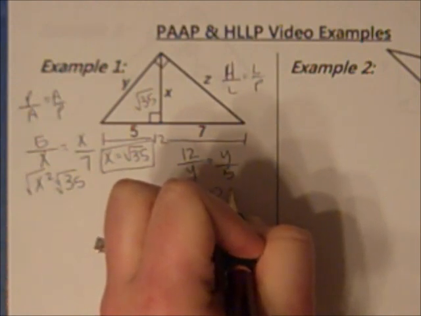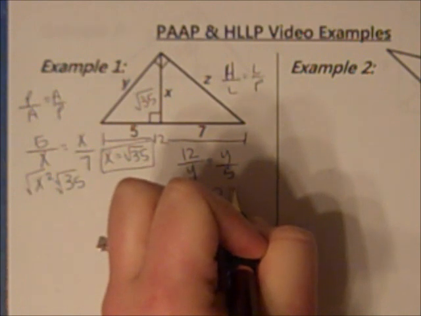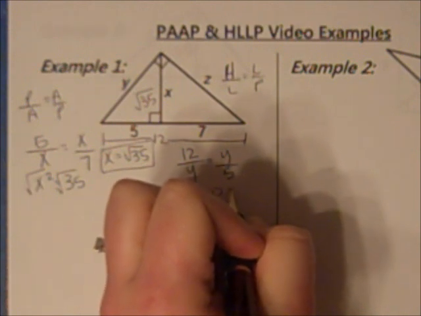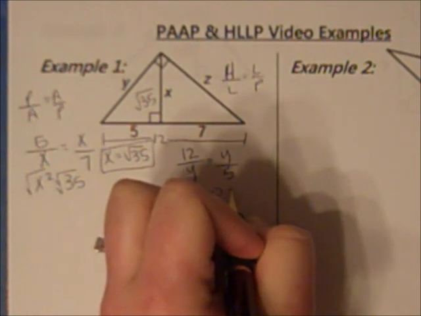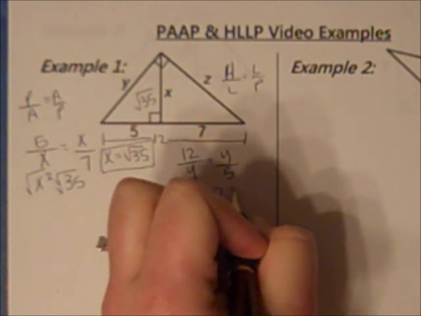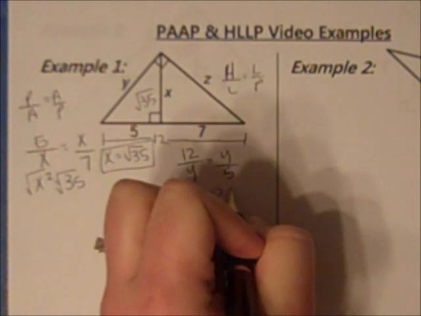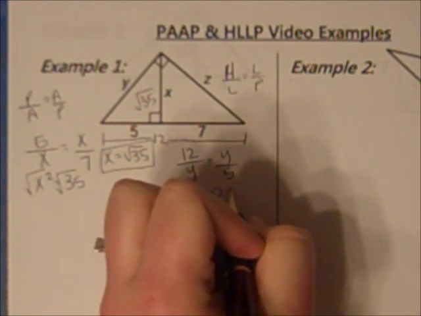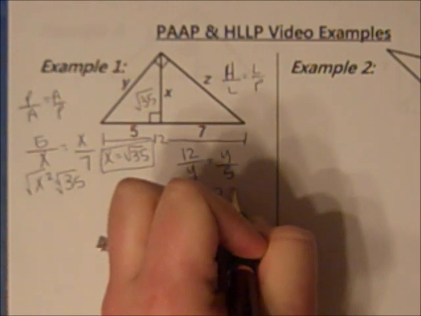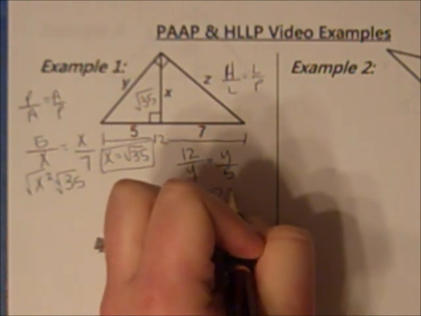Altitude is 12. And the other part is x. So still doing that V pattern, P-A-A-P. So here you can see we're going to get that quadratic because when I distribute here, x times x is x squared. X times 10 is 10x equals 12 times 12 is 144.